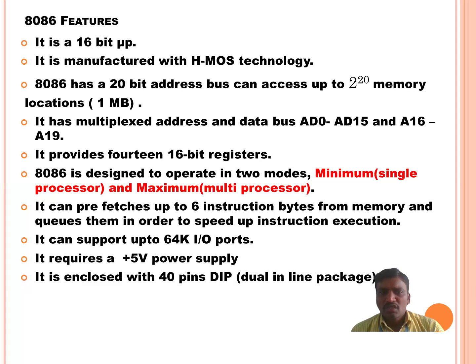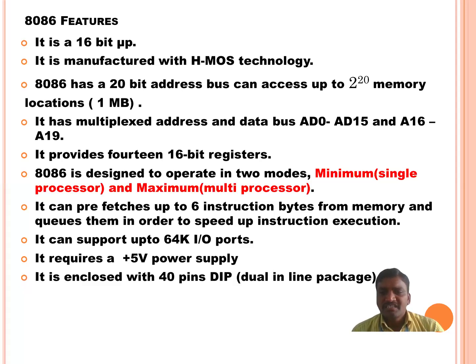It consists of 1 megabyte of memory. This 1 megabyte of memory is divided into 16 equal segments, and each segment memory size is 64 kilobytes. It uses HMOS manufacturing technology, used by Intel for designing the 8086 microprocessor.